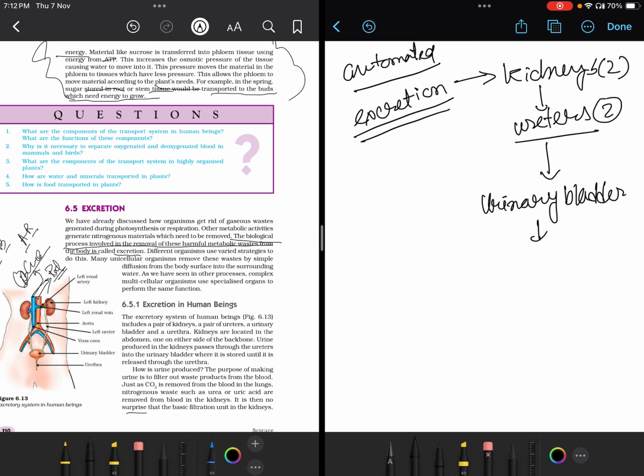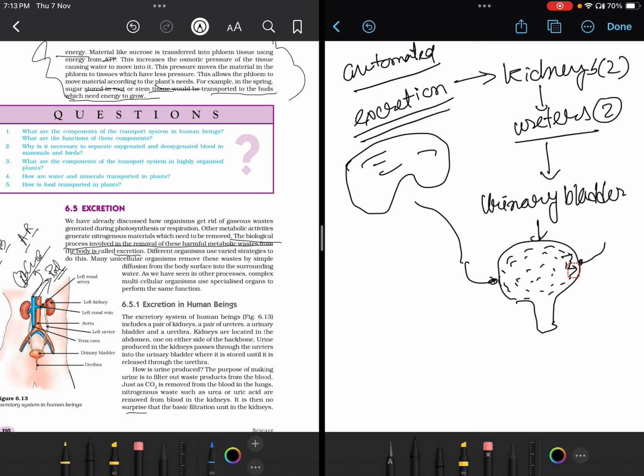In the urinary bladder, they store urine, and after a threshold level, that means after a certain level, it will exert pressure and nerve stimulation will occur, and this nerve will go to our brain and it will signal the sphincteric muscles and the urge of urination will come. But this is voluntary, so you can control your urination to the outside, that is micturition.